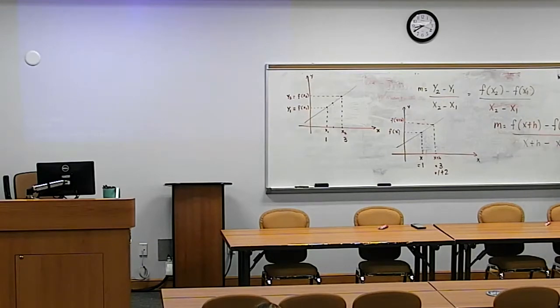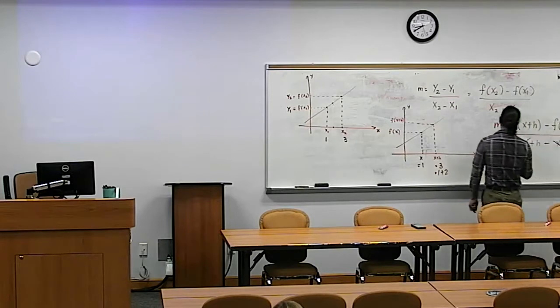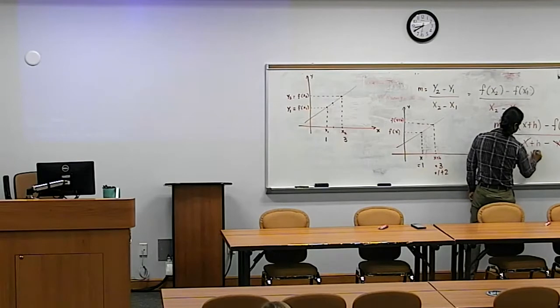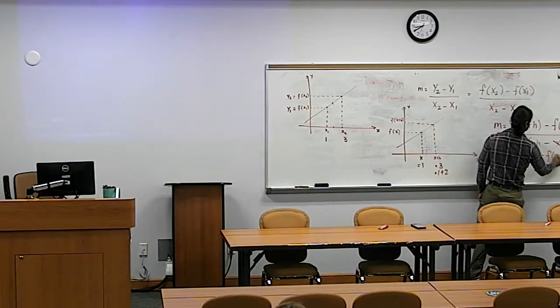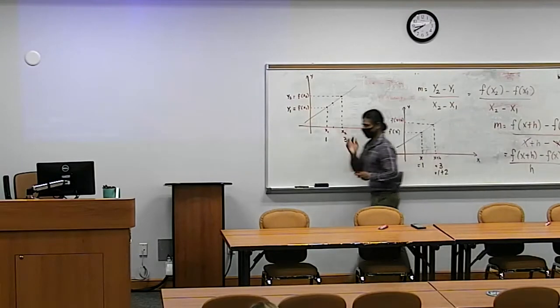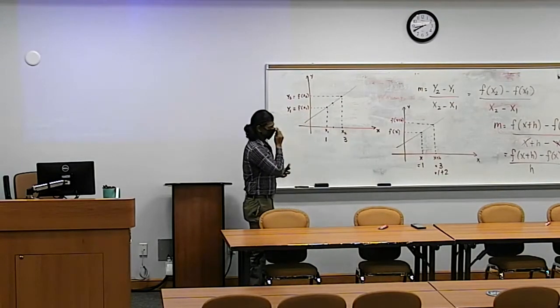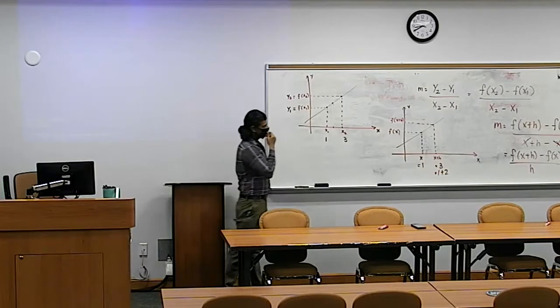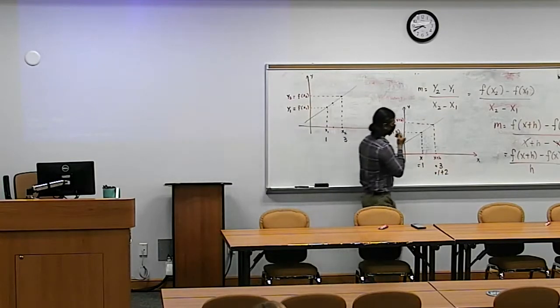What happens to the denominator? The x's get cancelled. Good. So that would be f of x plus h minus f of x divided by h.